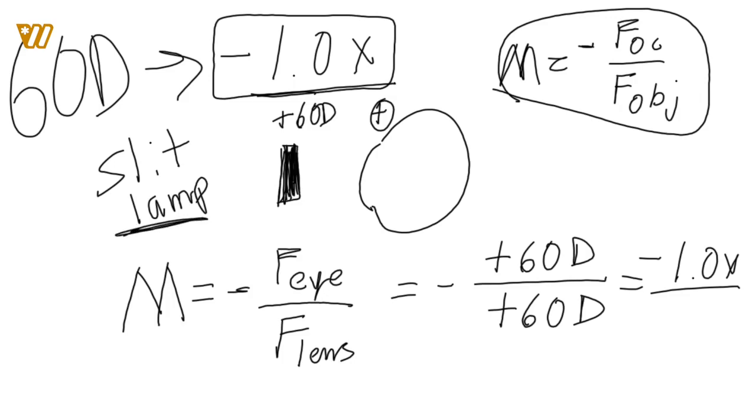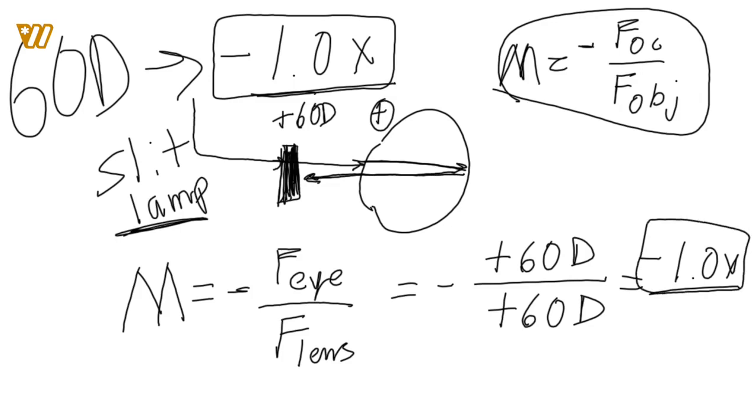But if you look at the light coming from your slit lamp going into the eye, that light going into the eye is going to come back out of the eye the same height. So the light that comes into your eye is going to come back out of the eye the exact same height, and that goes back to this magnification of 1x, all right? So hopefully that made some sense.